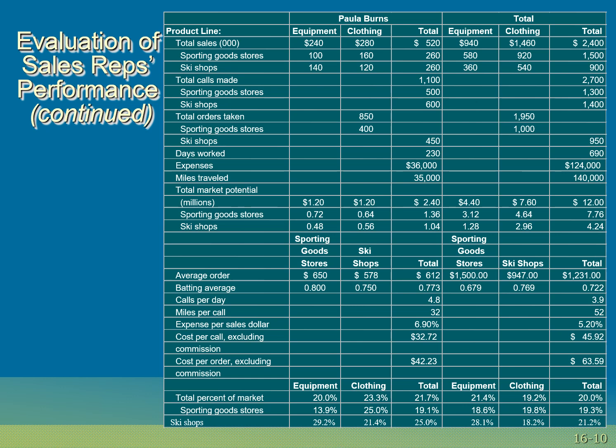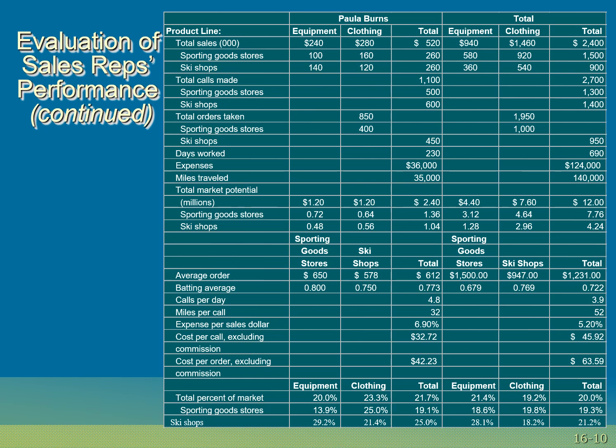What about her batting average? Her batting average on equipment is not bad, and clothing is actually pretty good too. 0.77 is also pretty good. The average here is the total for all of them. Calls per day, she's better than average. Miles per call, lower than average. Expense per sales dollar, higher than average.